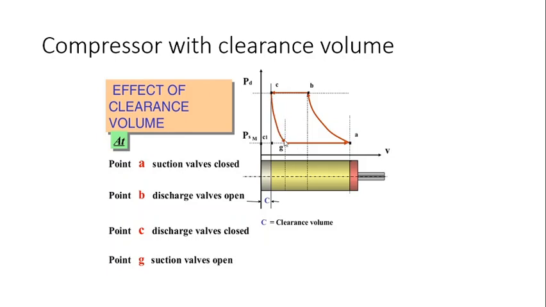This process is an expansion process. It may be the same as the compression process, that is polytropic, or it may be an adiabatic process. Isothermal process is not possible in compression, so it would be either polytropic or adiabatic.